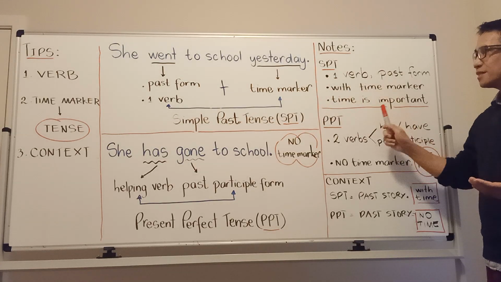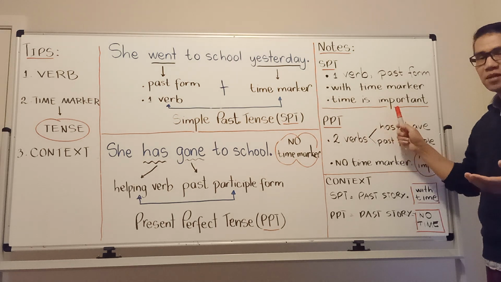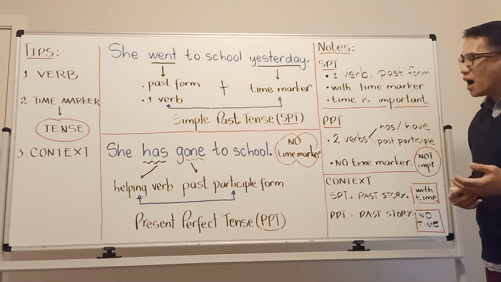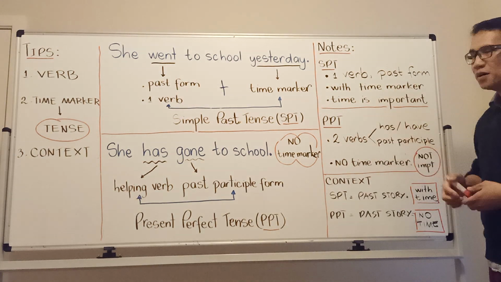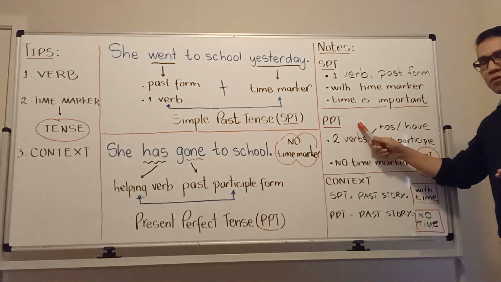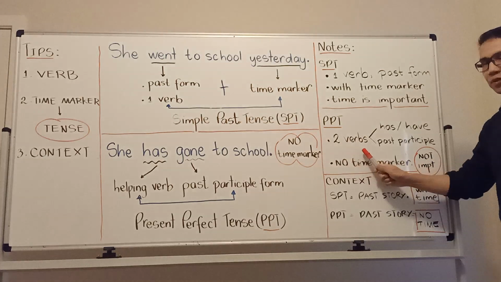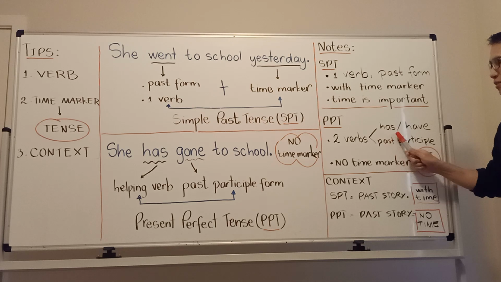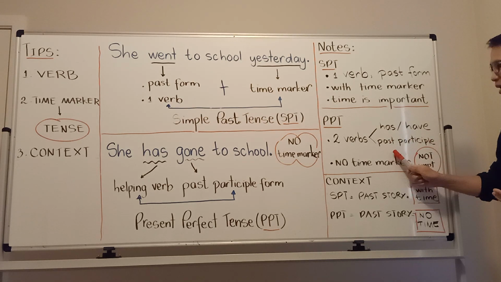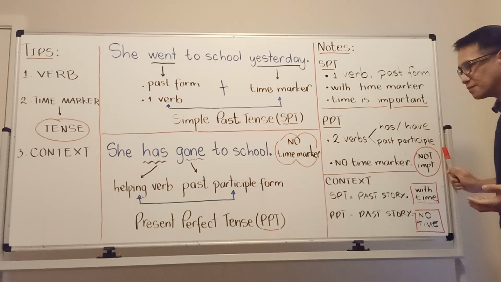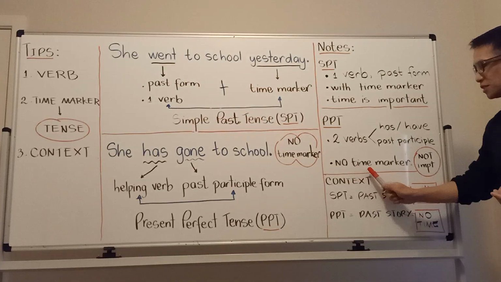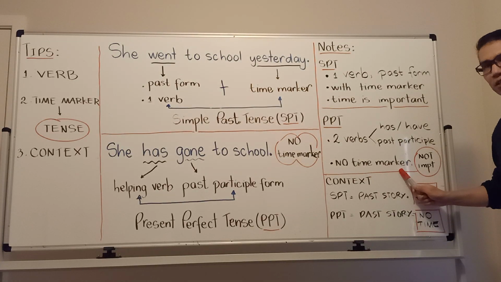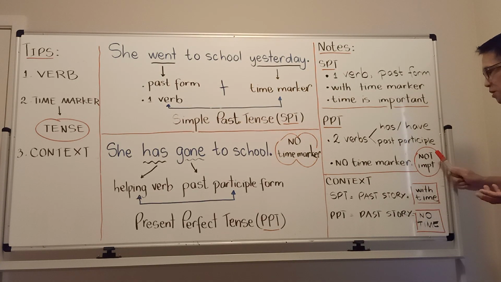In simple past tense, time is very important. How do you use present perfect tense? In present perfect tense, use two verbs, has or have, plus past participle form. No time marker. Do not use a time marker because it is not important.